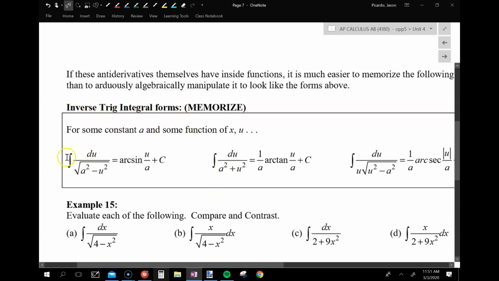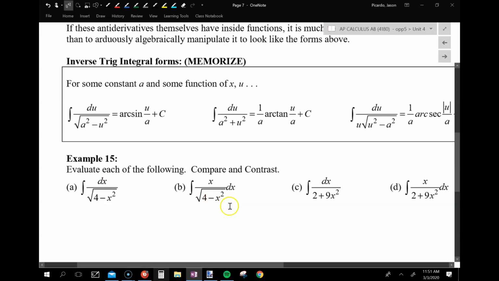If I have to integrate something like 1 over the square root of 4 minus 9x squared, now I have a way to do that. But you just got to memorize it. Can it be done algebraically, Evan? Yeah. Do you know how long it's going to take you? Way too long. So these are forms that we need to memorize.